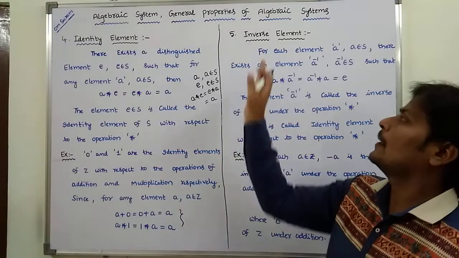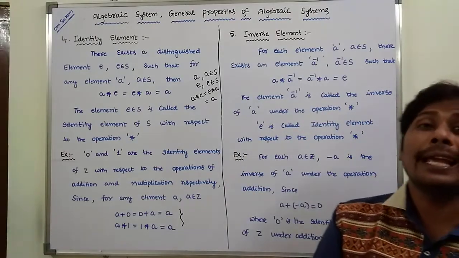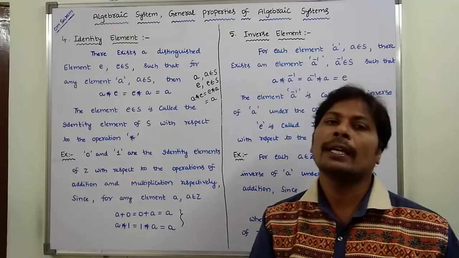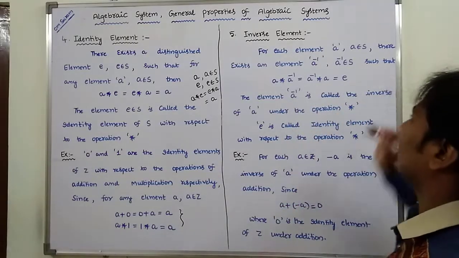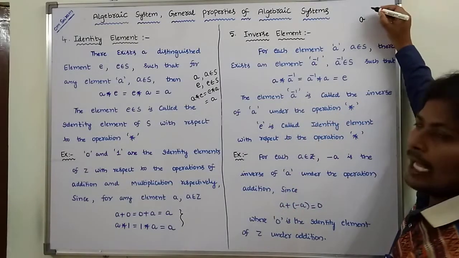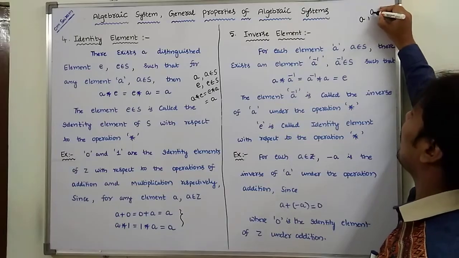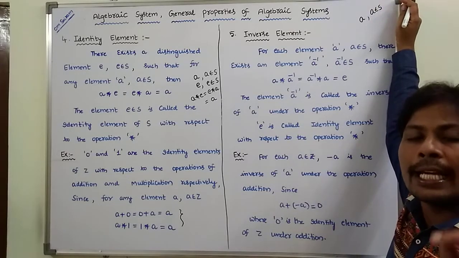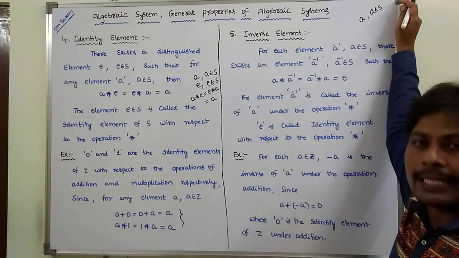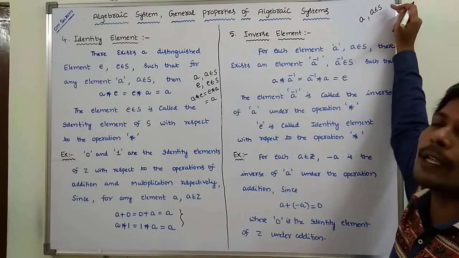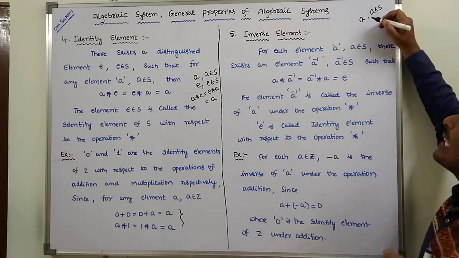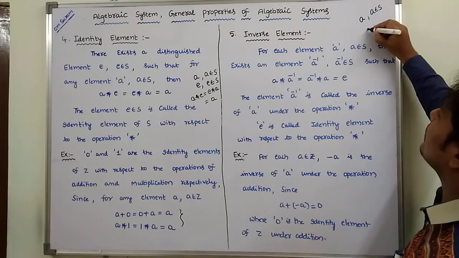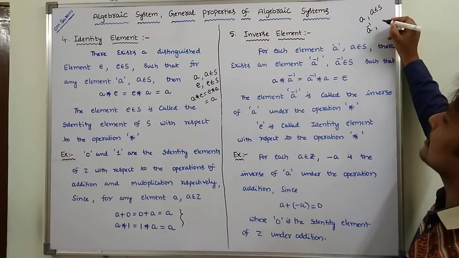Okay. Next, the fifth property is inverse property. Suppose we take an element A, so A belongs to S. That means element A is taken from the set S. Next, we can take another element, that is A inverse.